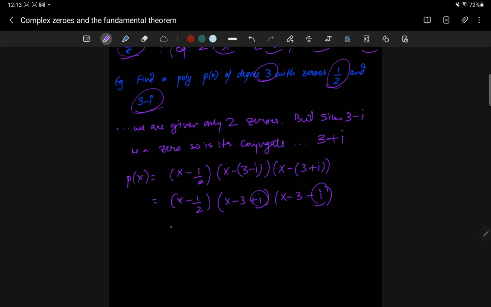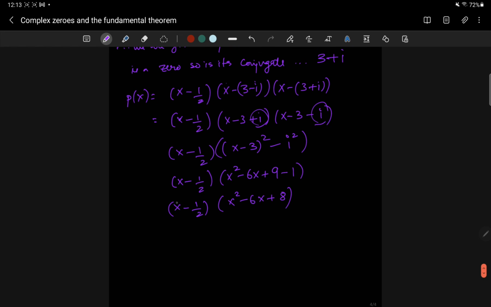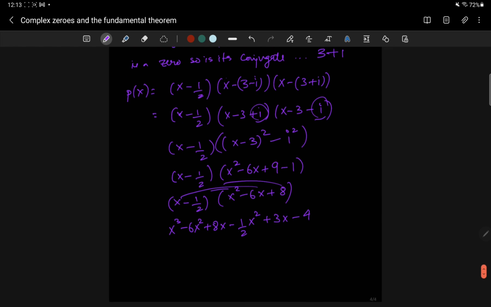So now it is going to become x minus 3 squared minus i squared, x minus 1/2, x squared minus 6x plus 9 minus 1, x minus 1/2, x squared minus 6x plus 8, distribute: x cubed minus 6x squared plus 8x minus 1/2 x squared plus 3x minus 4.